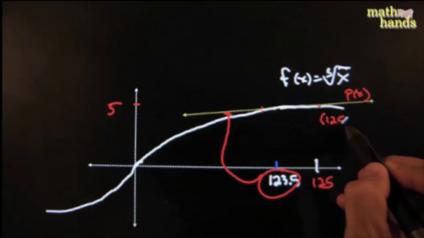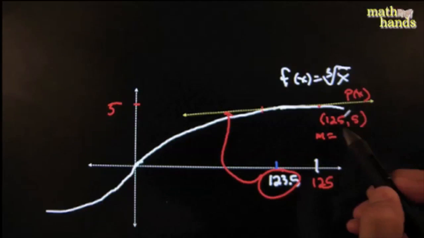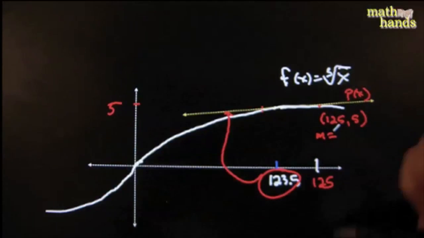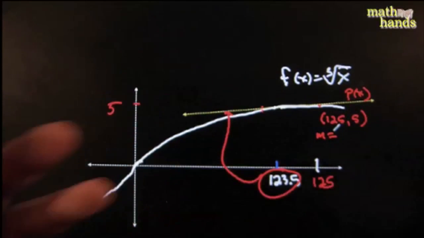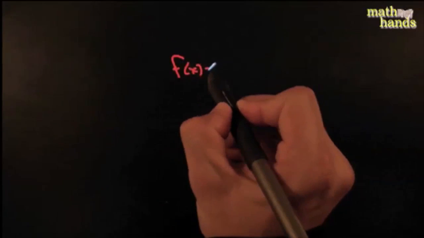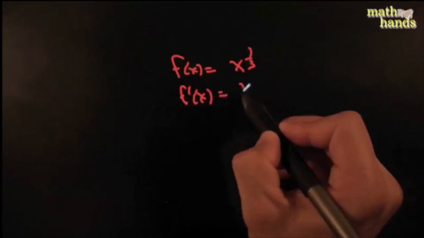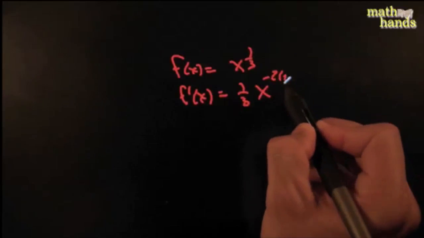I've already got a point. 125, 5. I need a slope. Well, for the slope, I wish I had a good way to find tangent slopes. Oh, wait a minute. We just did 2 chapters on derivatives. We know how to find slopes. For that guy right there, f of x is equal to x to the 1/3. F prime of x is equal to 1/3 x to the negative 2/3.